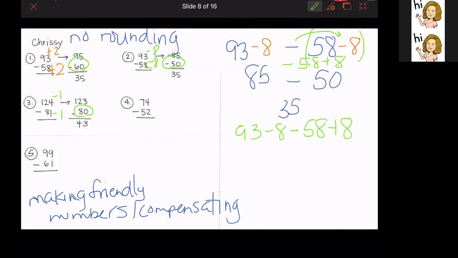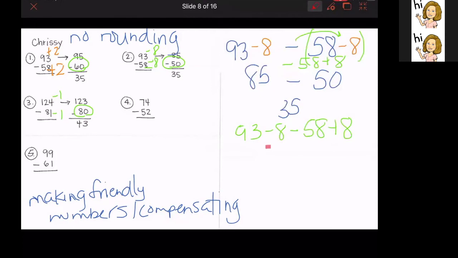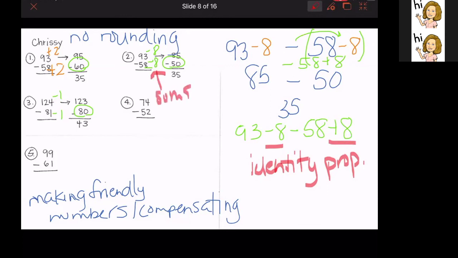And then right here, we can see a -8, a +8. This is, again, the identity property. They sum to 0. So there's a little bit of algebra involved in understanding why this strategy works, and why this still sums to 0.